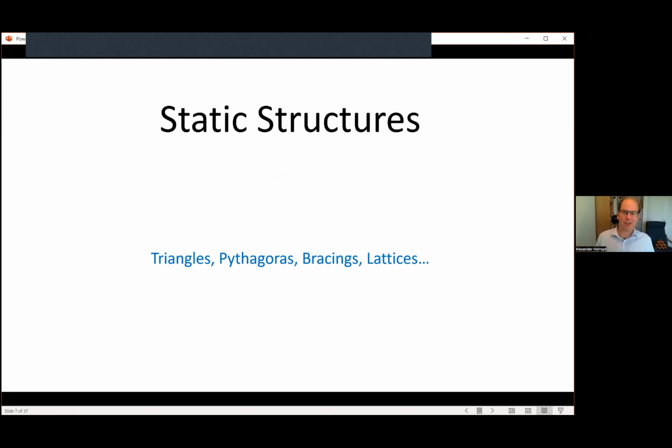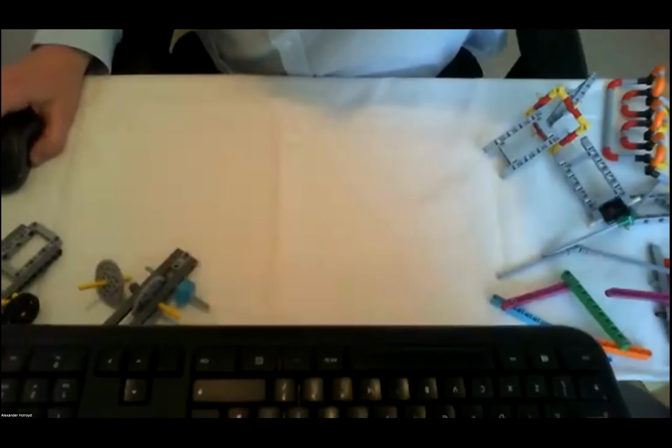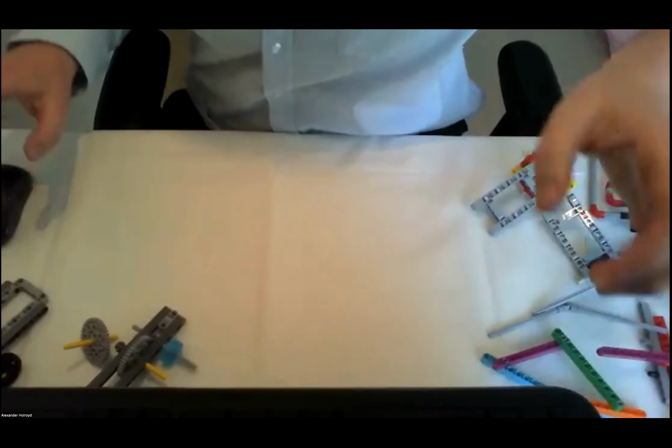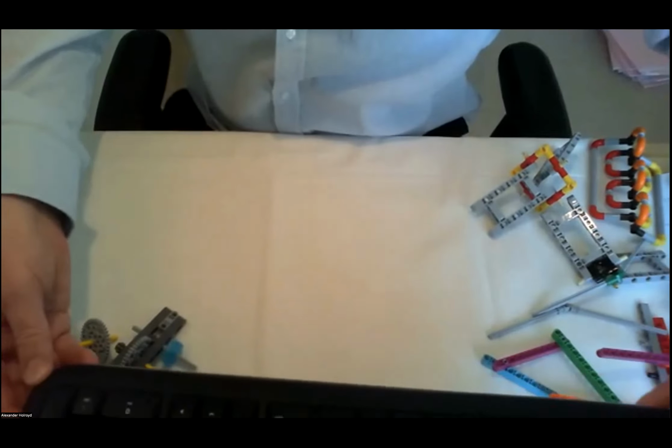First of all, let's talk about static structures. So let me stop sharing and try to show you some actual things on video. I hope this works.